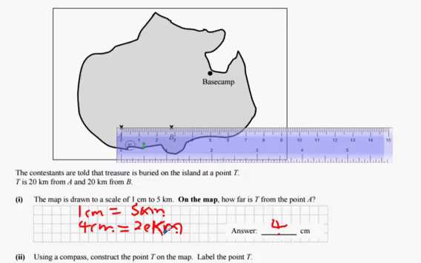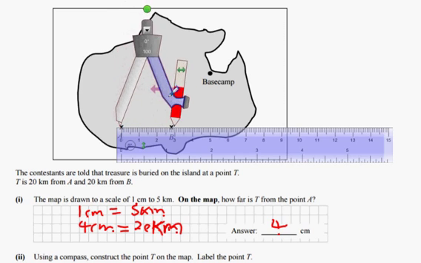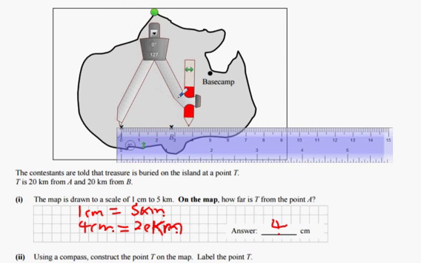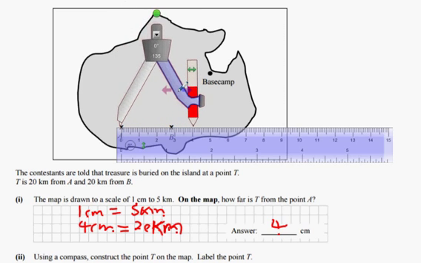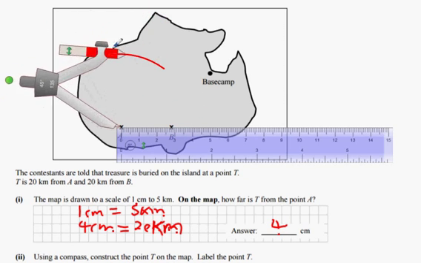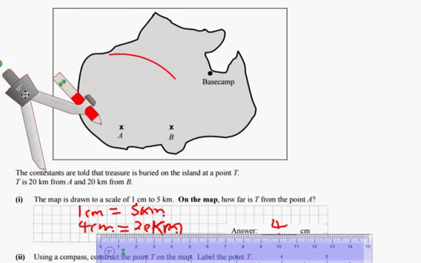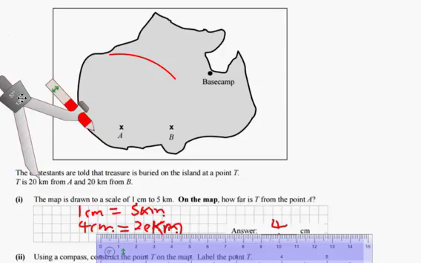So I get my compass out, and I set it to 4 centimetres. And I draw a line that's 4 centimetres away from point A. Is everybody happy with that? Every point on that red line is 4 centimetres away from A.